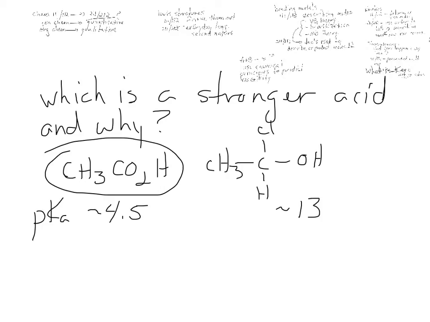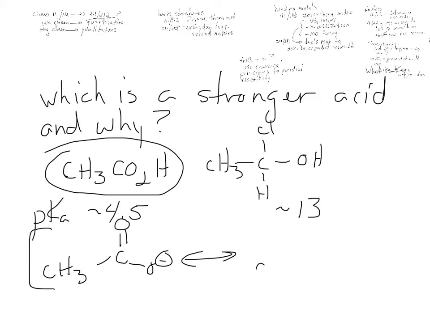Okay? But what about the why? Well, the reason for why is that the conjugate base of acetic acid is resonance stabilized. And the conjugate base for 1-chloroethanol is not. So in order to answer the question, which is a stronger acid, I don't need to know the pKa's.